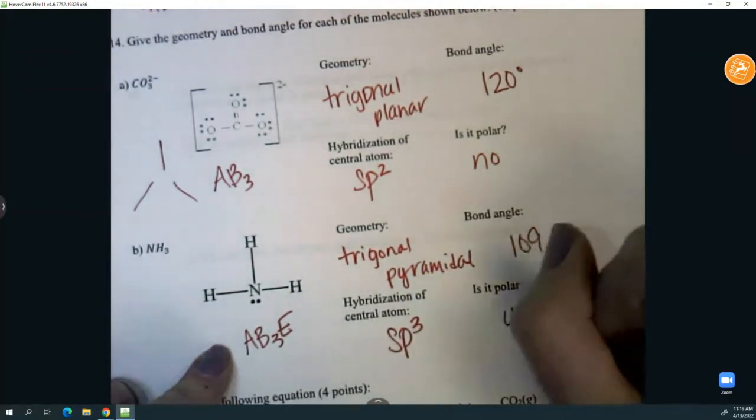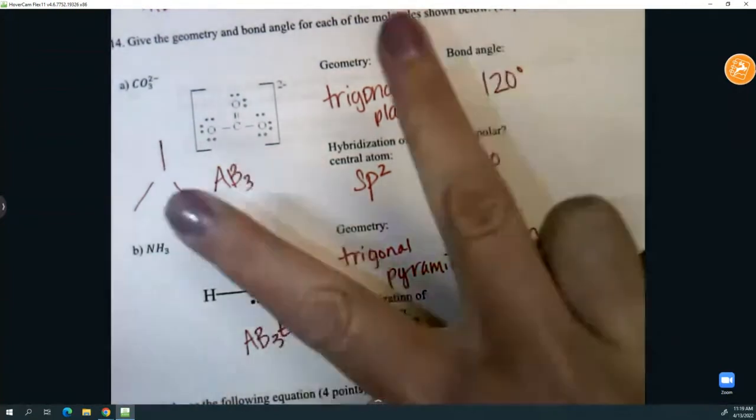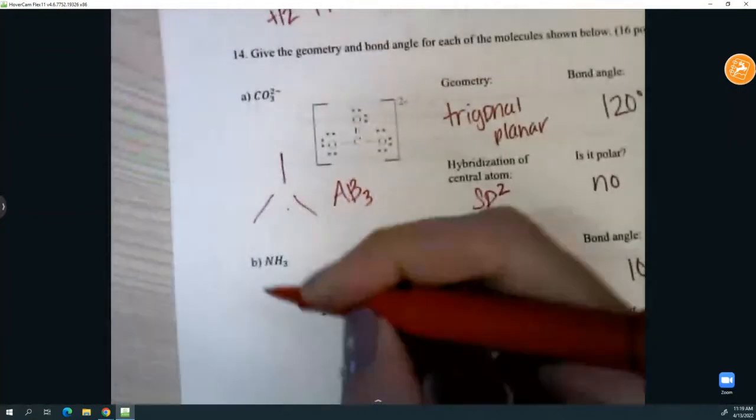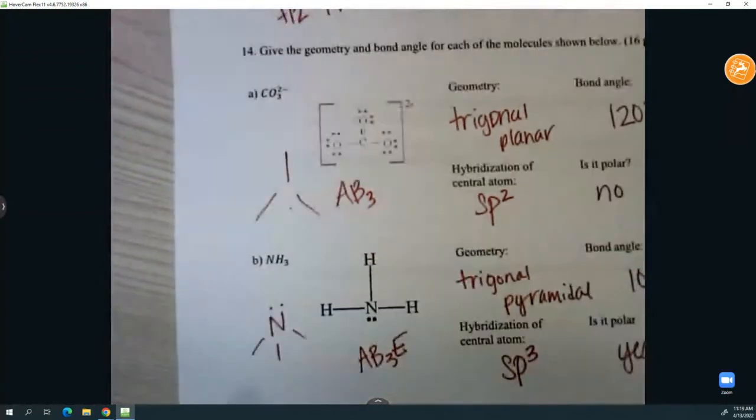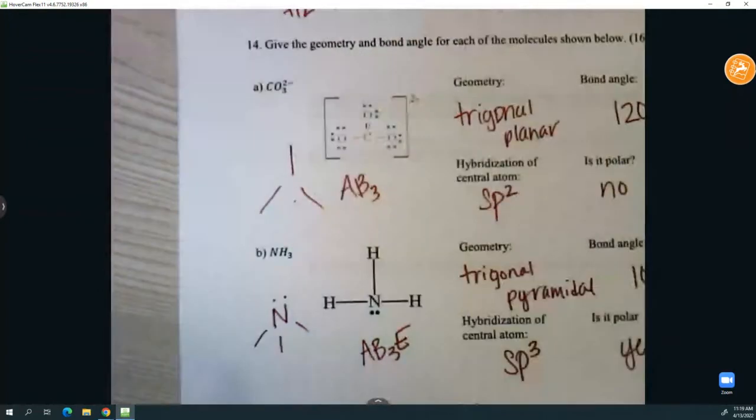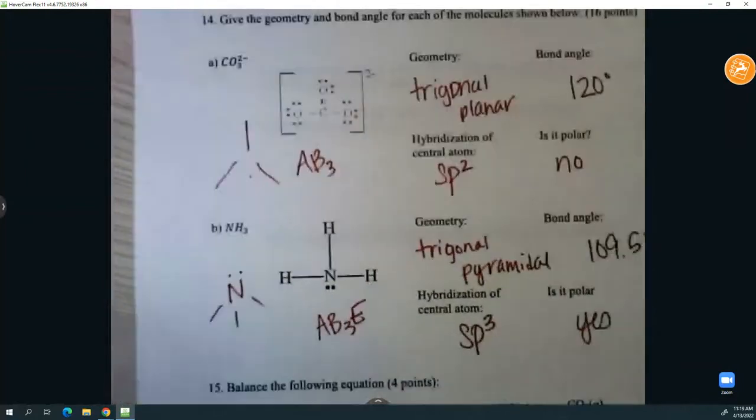And then this one is polar because instead of being like 3 flat like this, it would be like 3 kind of all pointing down. Like, it's not a good visual, but they'd all be pointing down like that. So yes, this one would be polar.